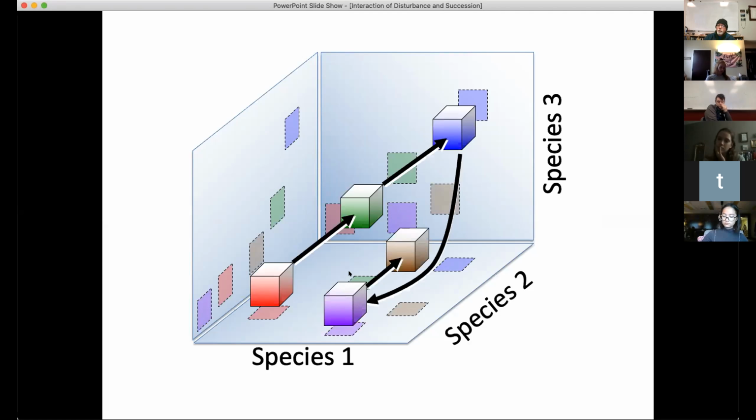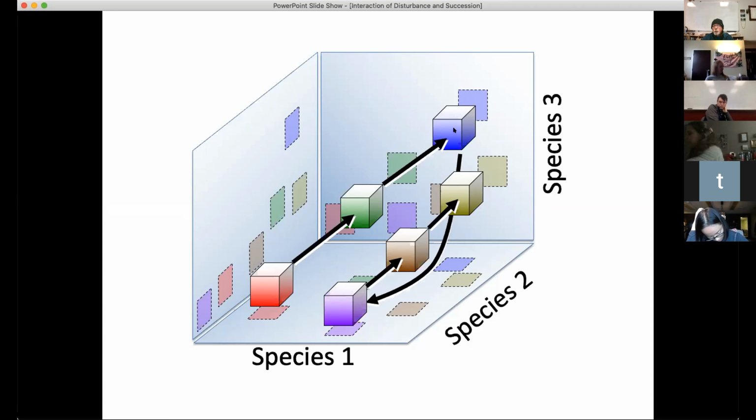And then this community will go through a different set of stages. What happens over time is because you started out with a lot of species 1, species 2 and species 3 don't gain abundance nearly as quickly, because whatever this disturbance was that took it back to a place where there was a lot of species 1 and relatively few individuals of species 2 and species 3 then inhibited the growth of species 2 and 3 as it went through succession.